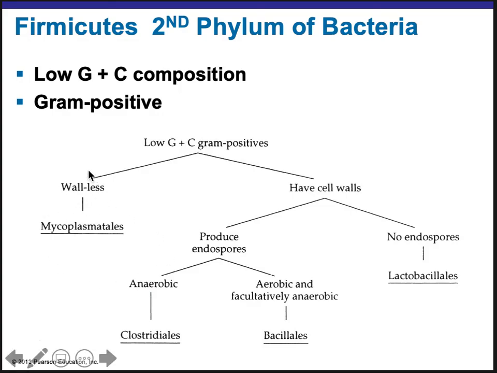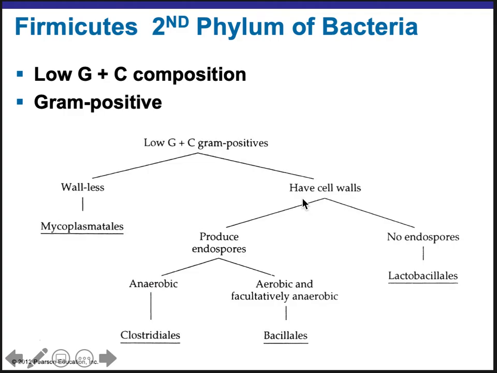If it does not have a cell wall, it's a mycoplasma. We very briefly mentioned that in chapter 4, and we're not really going to look at any examples of that, but they are the tiniest cell that we know of, so it's kind of interesting.